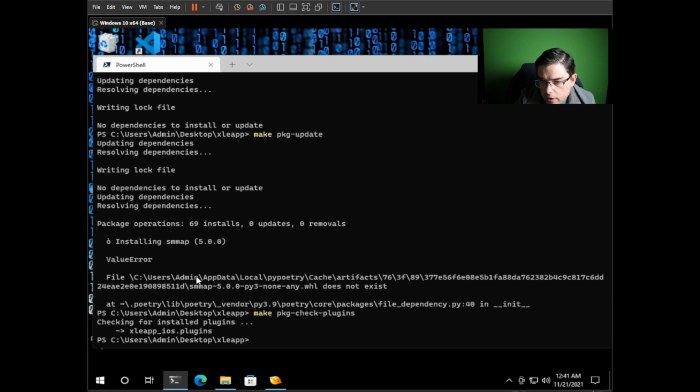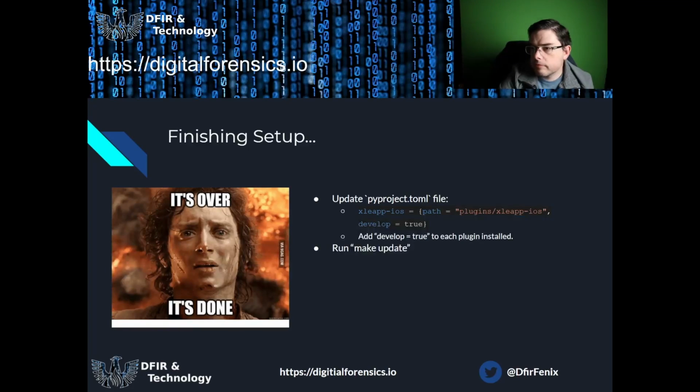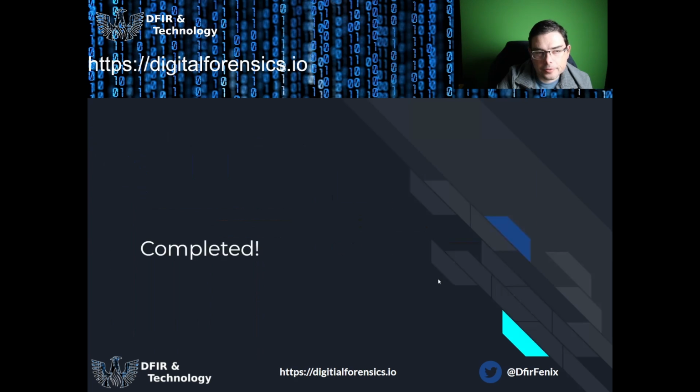All right. So I'm going to go back over here. This should say make package update, not just make update. I forgot to switch screens. Right here should say make package dash pkg dash update. Just be aware of that.